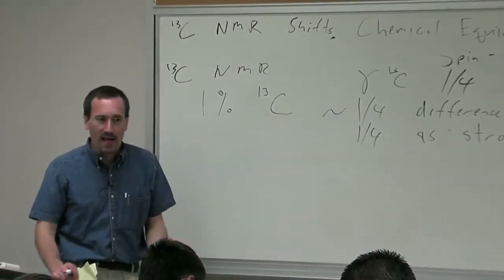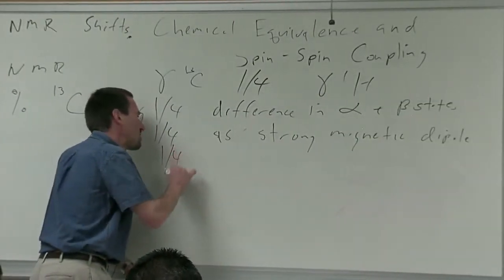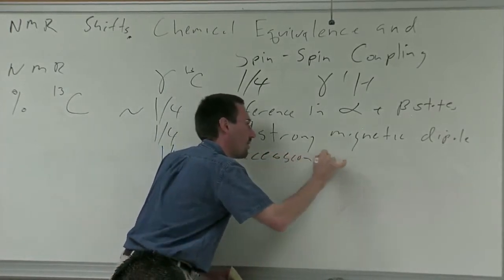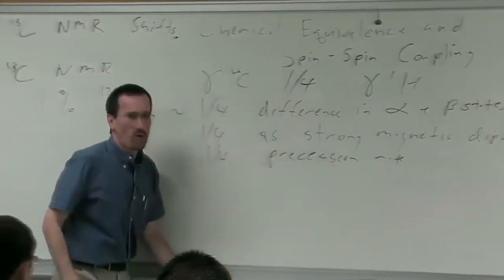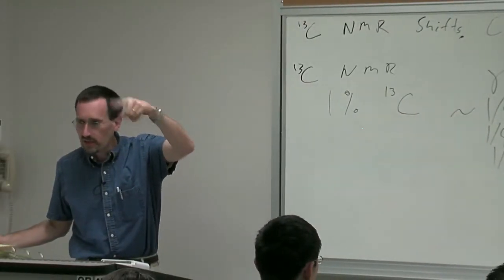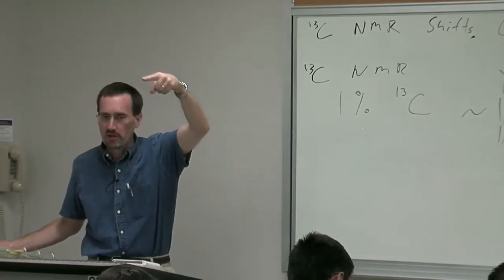So you're damned again. And then you further get damned because the precession rate is also a quarter. For a proton in that same 117,500 Gauss magnet, you're precessing at 500 million times per second.